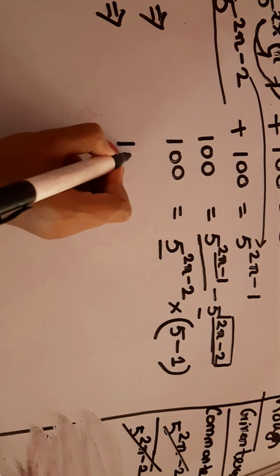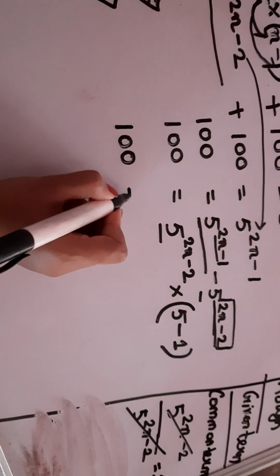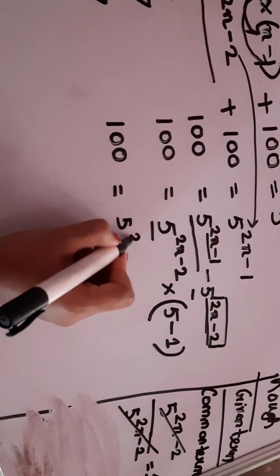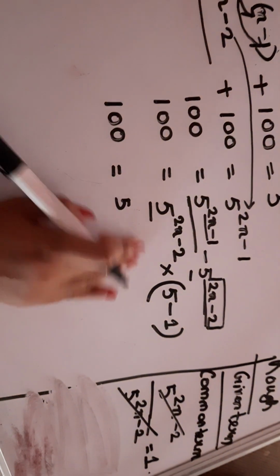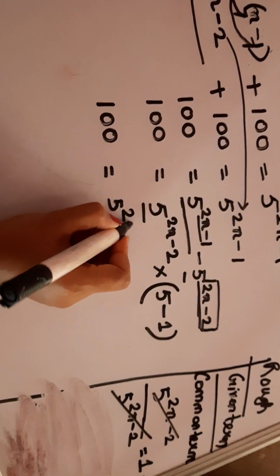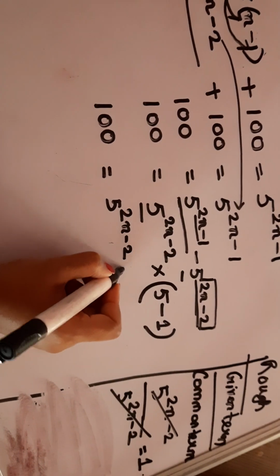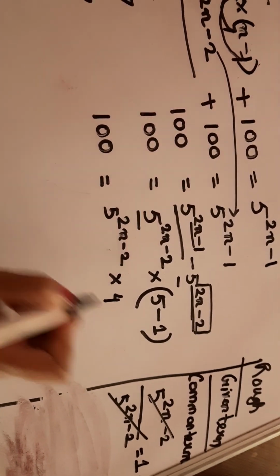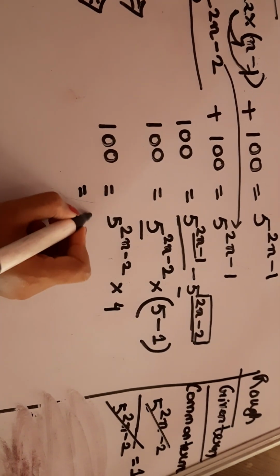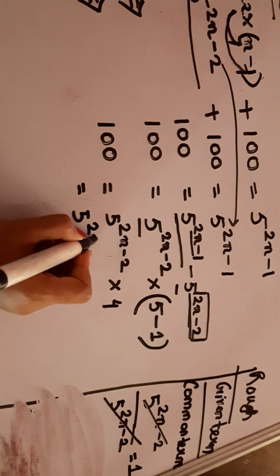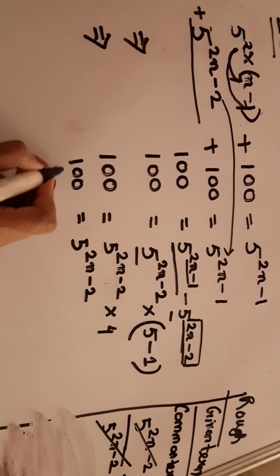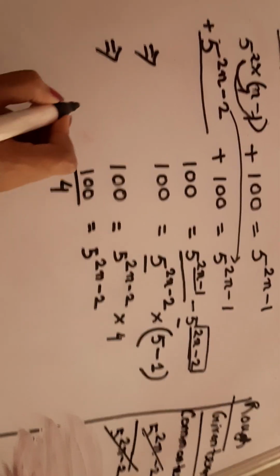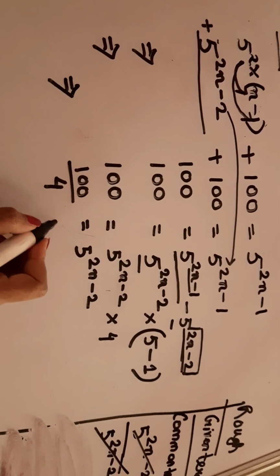Now the next one. Now we can write 100 equal to 5 to the power 2n minus 2 into 4. Now let us write 5 to the power 2n minus 2, then 100 divide by 4. Why it will become 100 divided by 4?